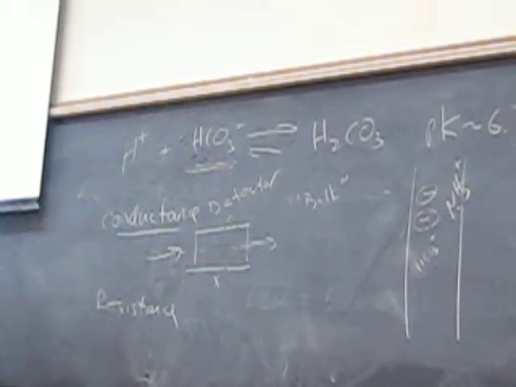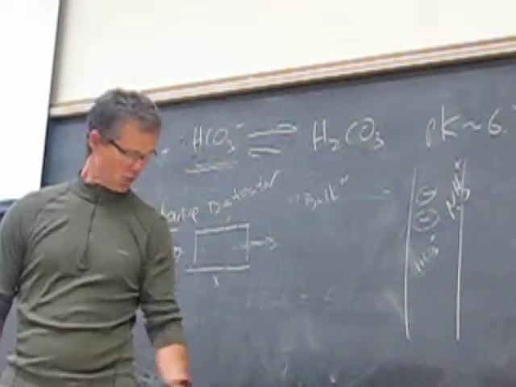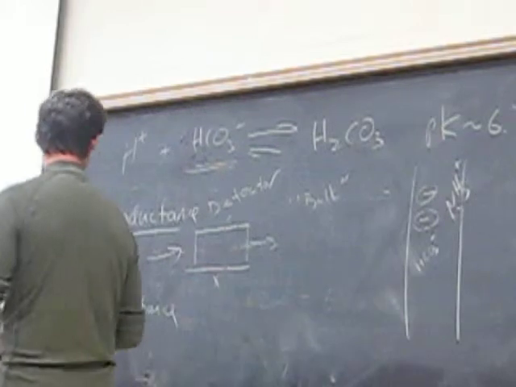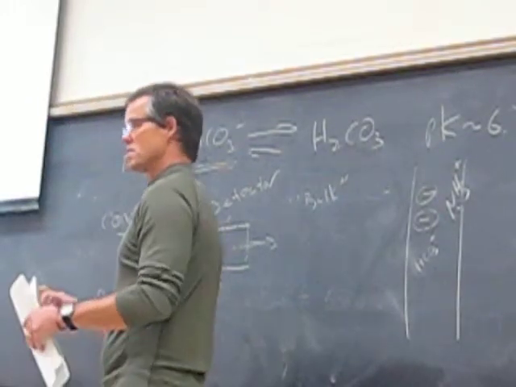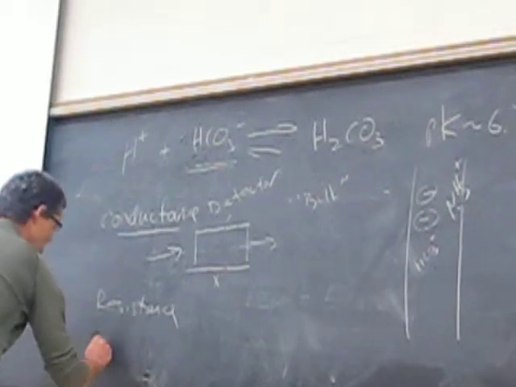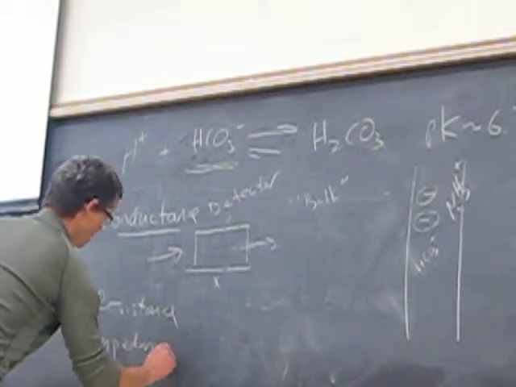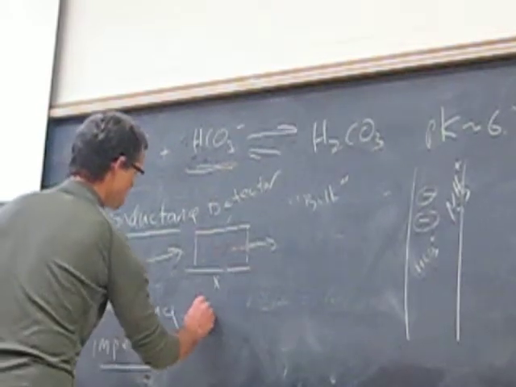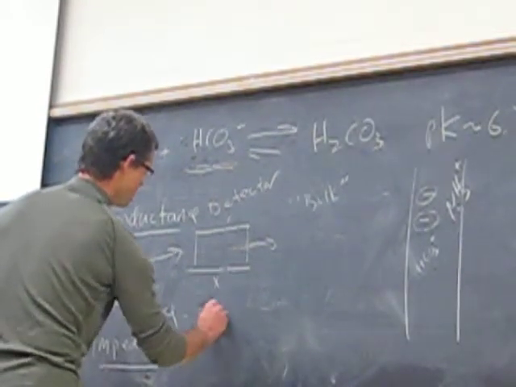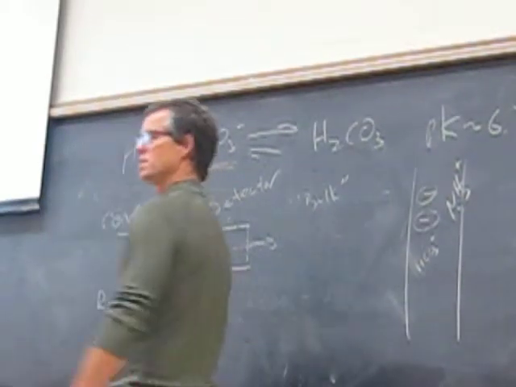But in alternating current electrical circuits, like what we have here, plugged into the wall, it's not resistance that really is determining the conductance. It's actually the impedance. So resistance is applicable in direct current circuits, and impedance is applicable in alternating current circuits.